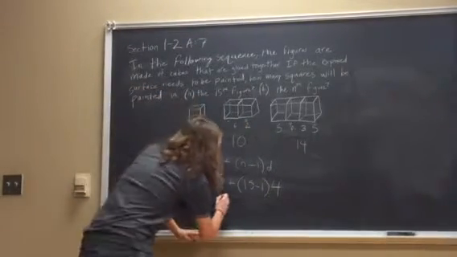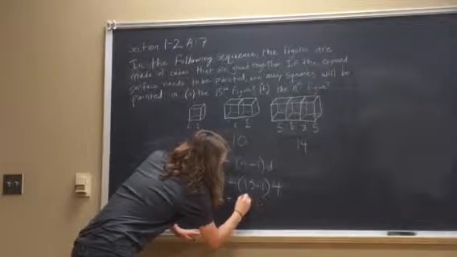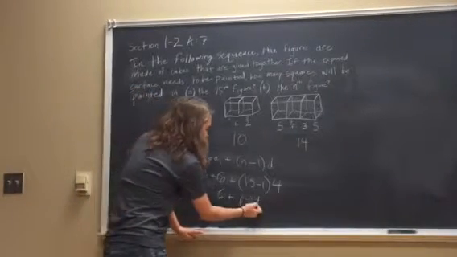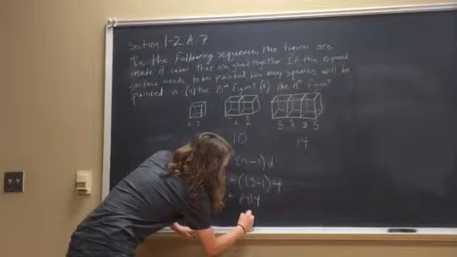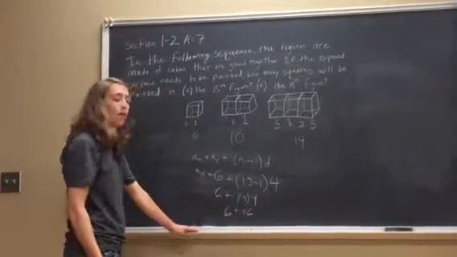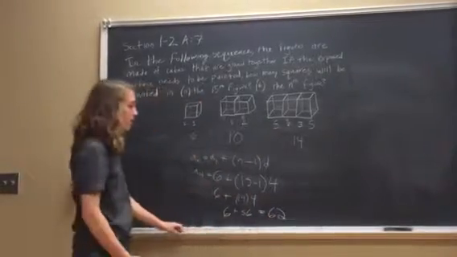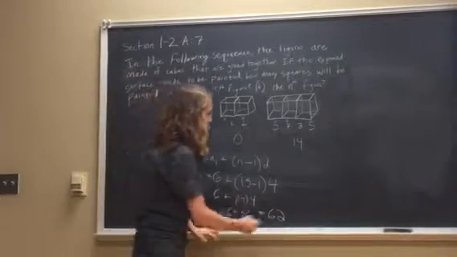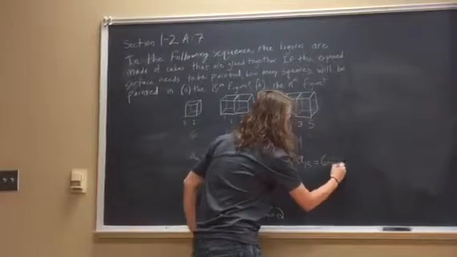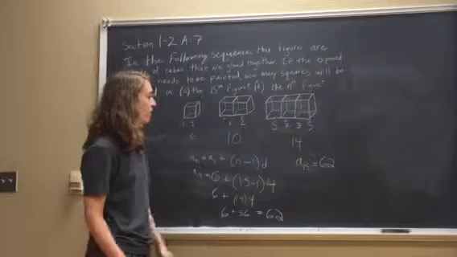Now if we do the math for this, we get 6 plus 14 times 4. 14 times 4 is 56, plus 6. And when we add those together, we get 62. So that is our answer, our 15th term, a_15 equals 62. It will be 62 exposed sides for that 15th figure.